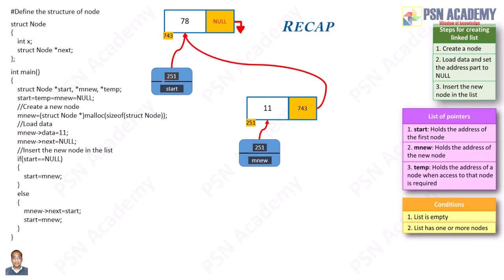So this has been changed to 251, and as soon as 251 has been written here, this link to 743 breaks and the start pointer starts pointing to the node at 251. So this node is in front of this node like this, so that this one becomes the first node and this one becomes the second node.